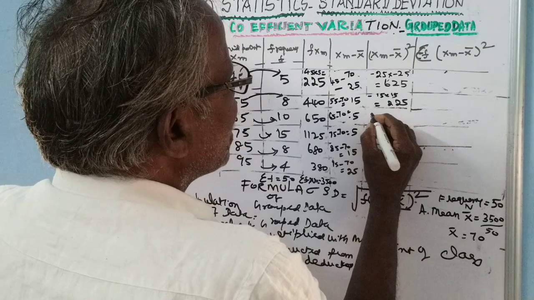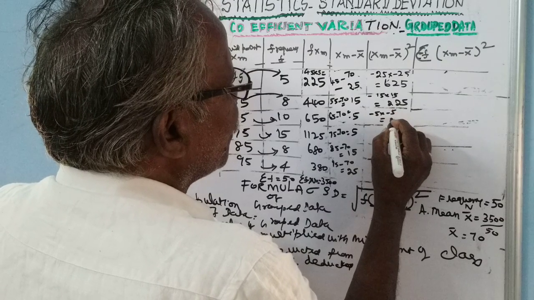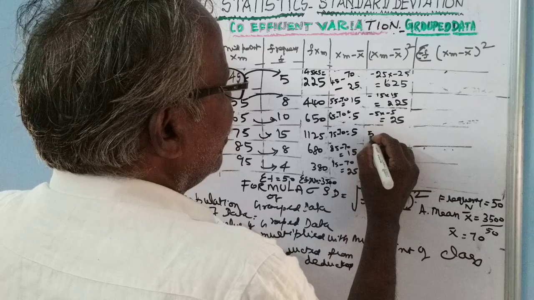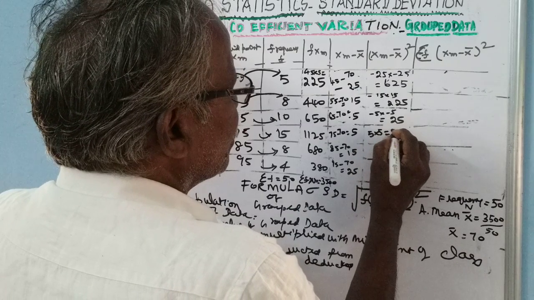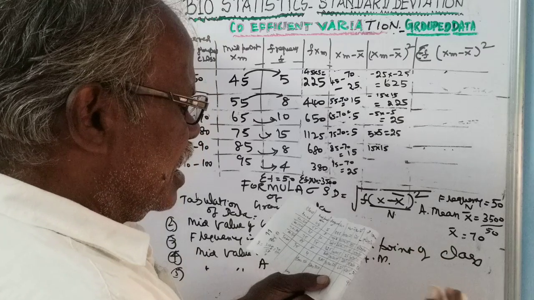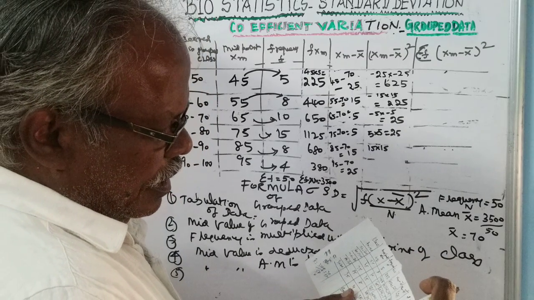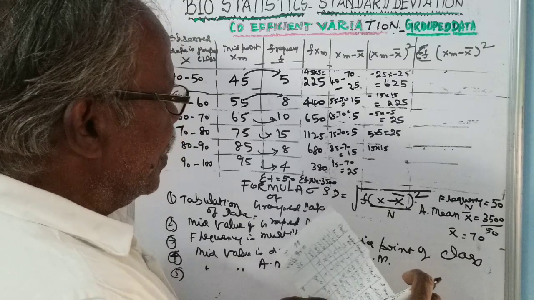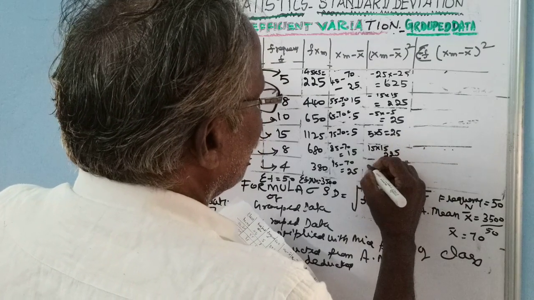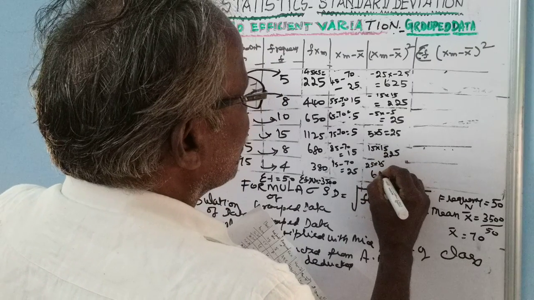Then minus 5 into minus 5 is equal to 25. And then 5 into 5, 25. 15 into 15, that is 225. Then 25 into 25, that is coming to 625.